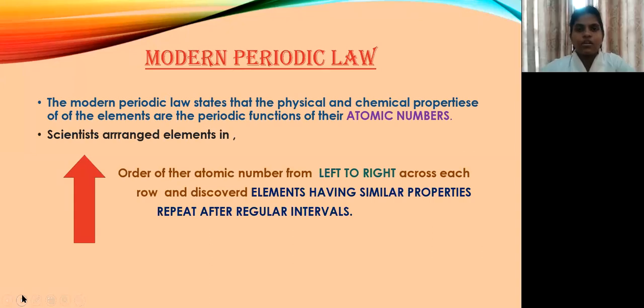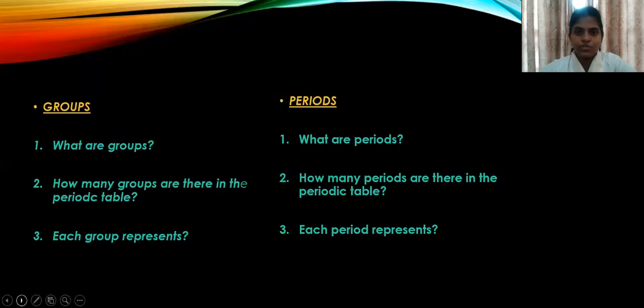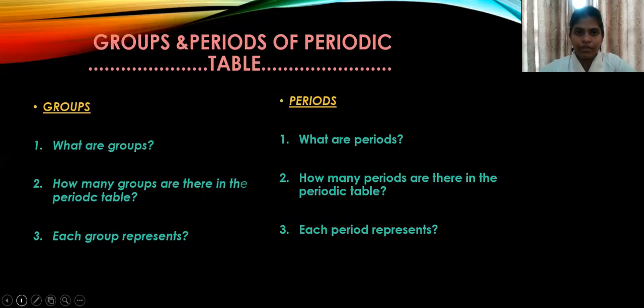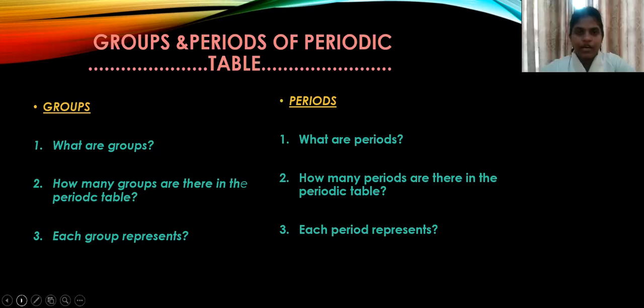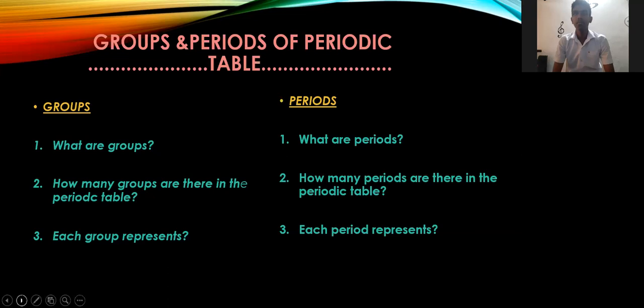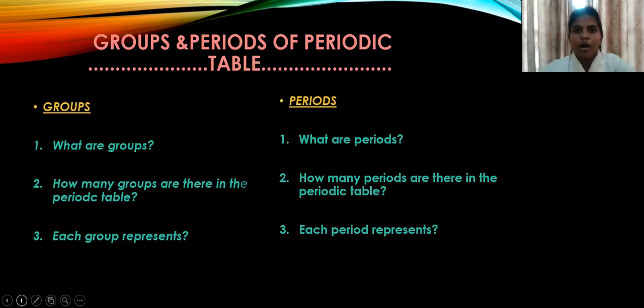Thank you, Vihal. So let's give our attention to groups and periods of the periodic table. We have 18 groups in the modern periodic table. So what are groups? Groups are the vertical columns in the modern or long form of the periodic table. Yes, Vihal, and it is important to state that each group consists of elements having the same outer shell electronic configuration.